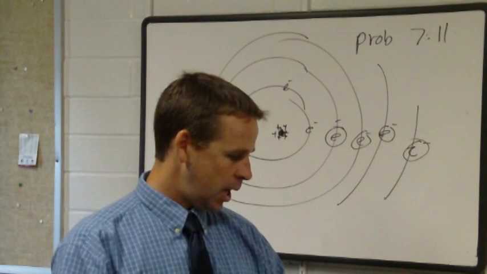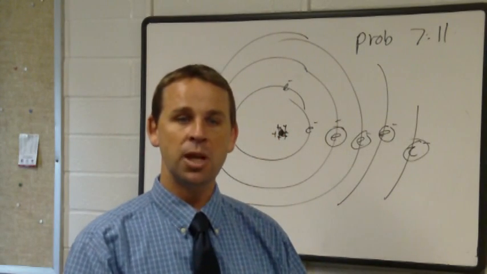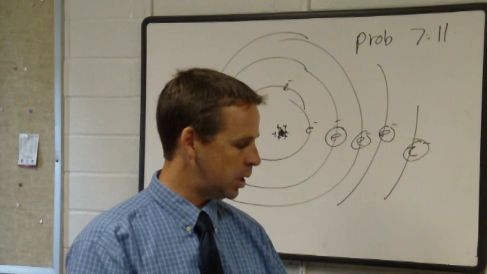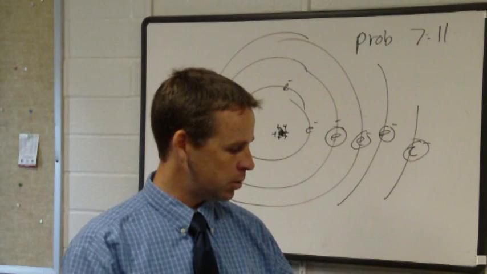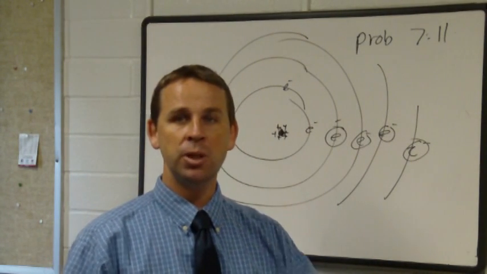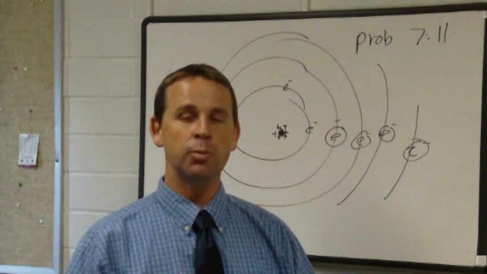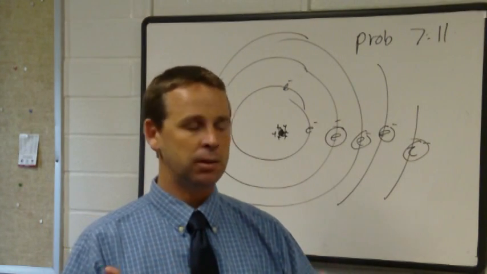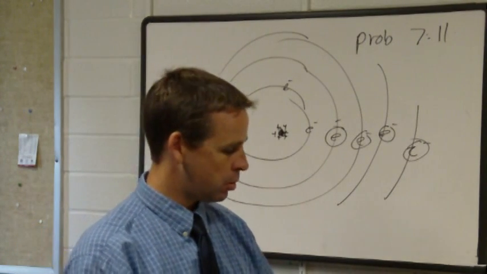And that's true if you look across a single subshell, like the 3d, going from scandium to zinc. All of those electrons are going into the same 3d orbitals. They're all about the same distance from the nucleus, so all of them are feeling essentially the same amount of pull from the nucleus, and because of that, their effective nuclear charge is also increasing as you go across to the right.